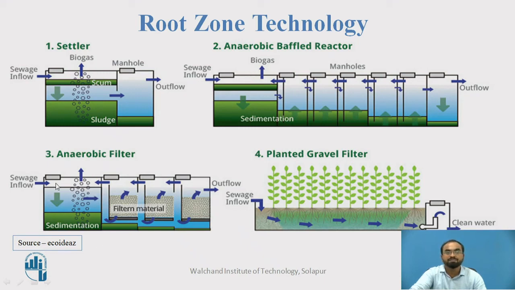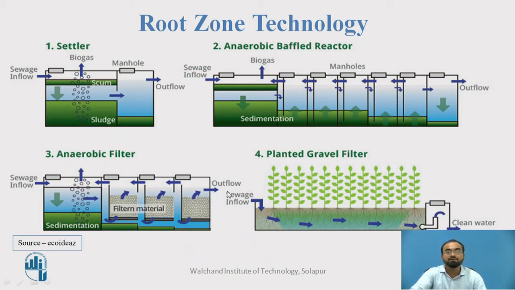So in the anaerobic filter, first we are providing the anaerobic digester, and the effluent is taken, and again we are providing a large amount of filter media, and water is made to push from the bottom to the upper part, where whatever suspended particles are still present in the water get choked up and are removed, and the clearer water is again made to pass through the next filter media, and similarly to the next filter media. So here, serially, three filter media are being provided.